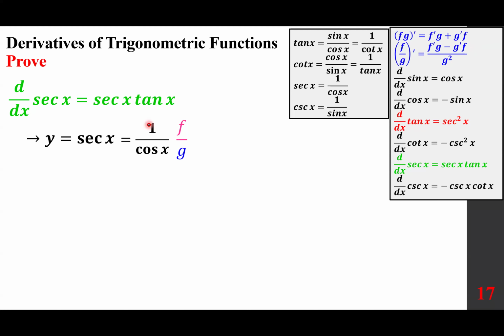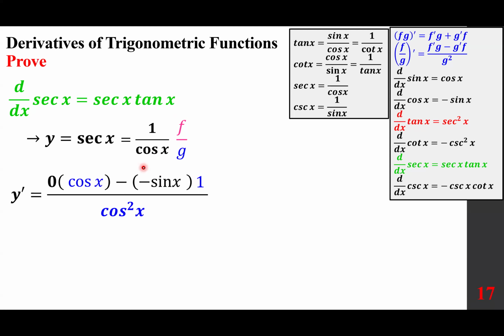F prime, any number, the derivative is 0, times g, cosine x, minus g prime, the derivative of cosine is negative sine, times f, the numerator is 1, over the g squared, cosine squared x.